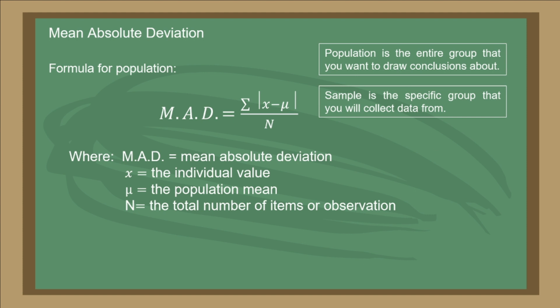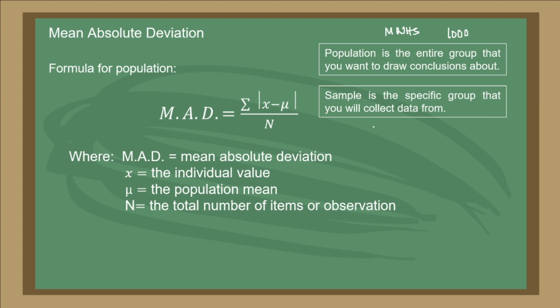Okay, so what's the difference between these two? For example, you want to study the blood type of the students in MNHS Maine. So your population is the entire students of the school, while the sample is only a portion of the population. For example, our population in MNHS Maine is 1,000 students.